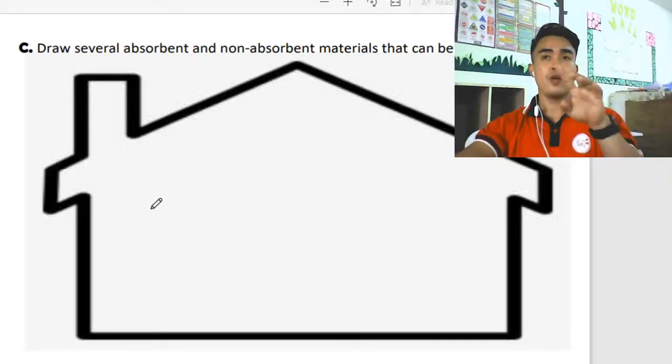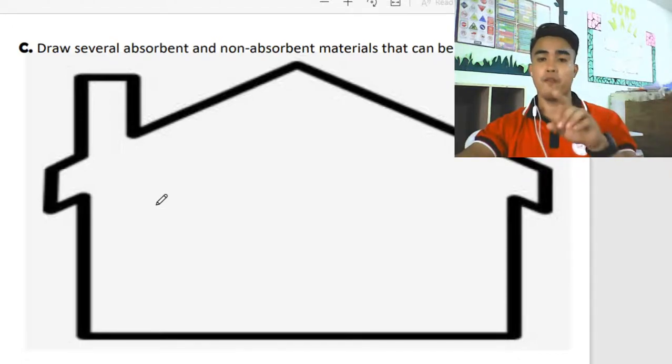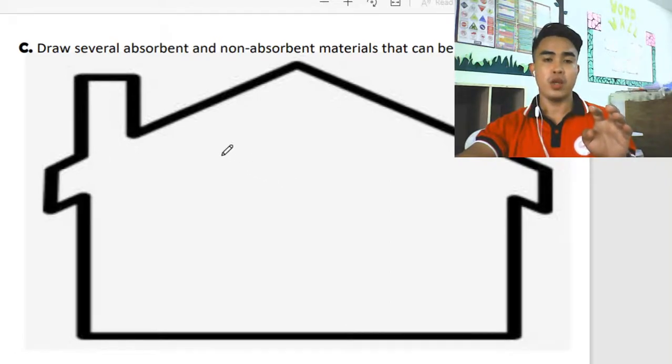Or can you also find materials that are waterproof or cannot absorb water? So you're going to draw it here, inside the house. Okay? Again, you will draw several absorbent and non-absorbent materials inside this house.